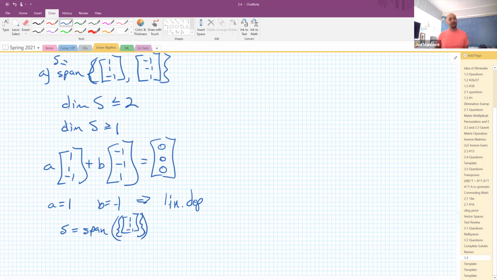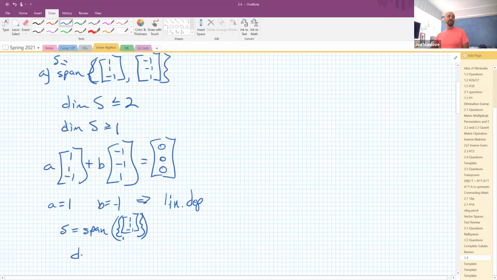Sorry. All right. So if it's the span of one vector, is one vector linearly independent? Yeah, it's got to be, right? There's nothing for it to be dependent on. The only time one vector makes a linearly dependent set is when that vector is the 0 vector, right?